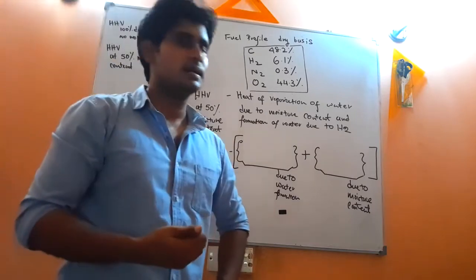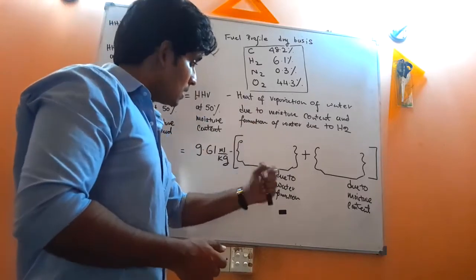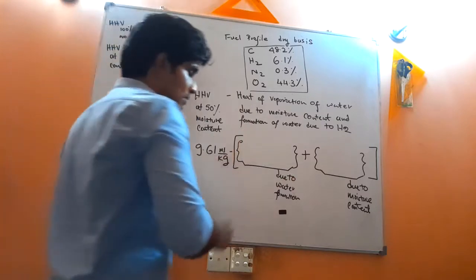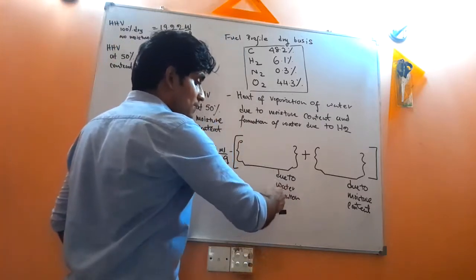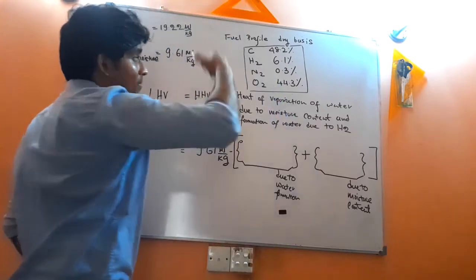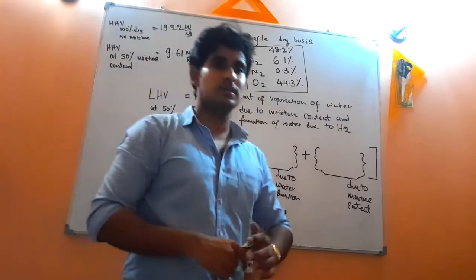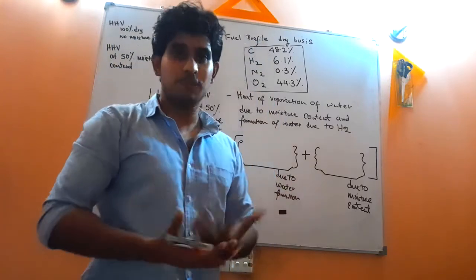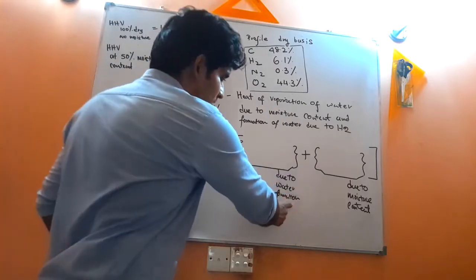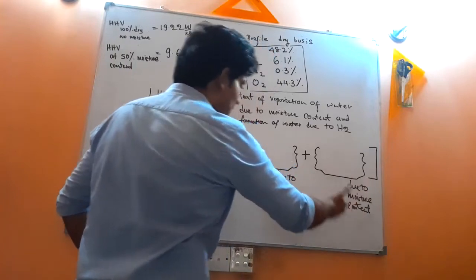of water, right? So heat of vaporization of water is mostly based upon two types of scenarios. The first scenario is due to the formation of water based on the hydrogen content, or the hydrogen profile of the fuel, and the other one is due to the presence of moisture in the fuel, right? So this is the first part and this is the second part, due to moisture content and due to water formation.